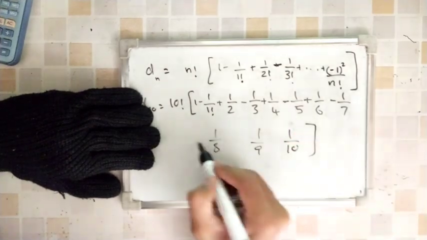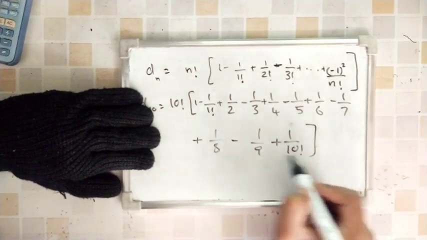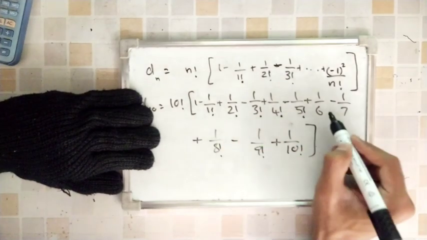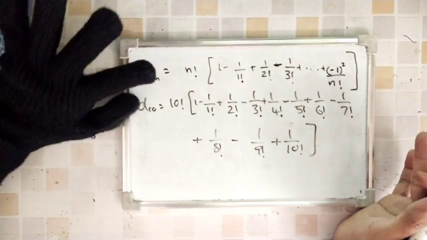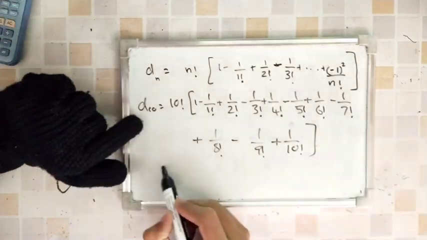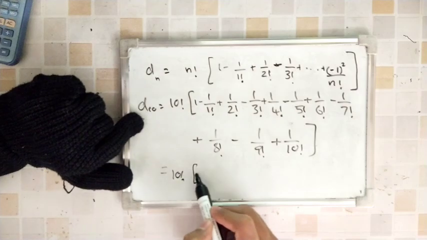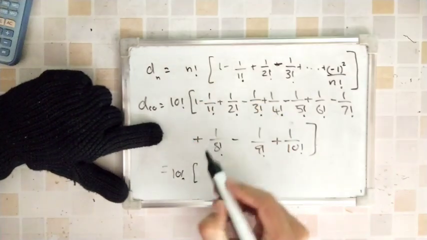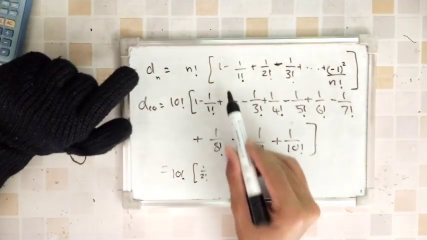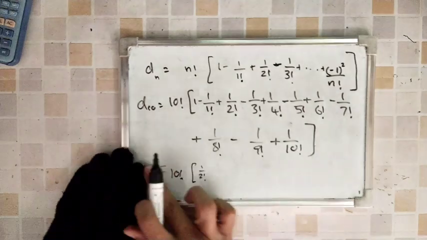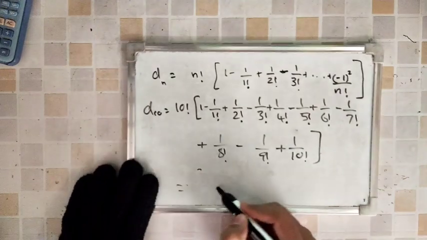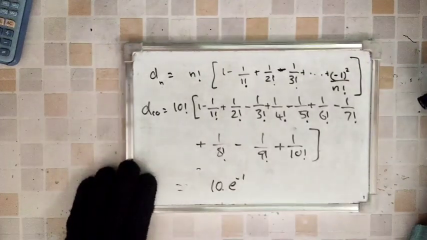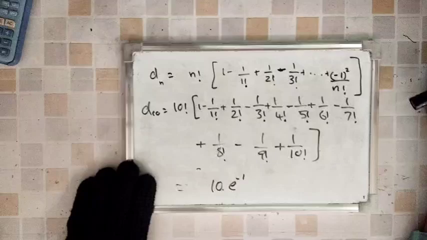Now you have to calculate this whole thing in your calculator, which is equal to 10 factorial into, you have to write 1 minus 1 by 1 factorial, this thing will get cancelled now. So I will have only 1 by 2 factorial, you have to add all these things, and then whatever value you get, you have to write is equal to something, that 10 into e to the power minus 1. So don't write like this, you will get one value. Just calculate and write that value, that's all, nothing else is required for that.